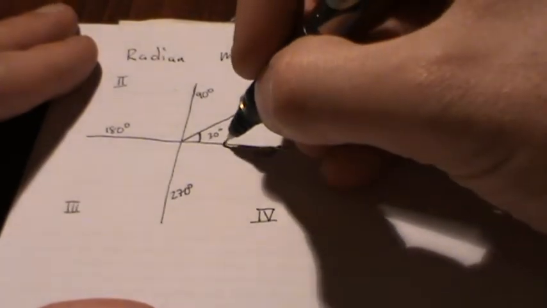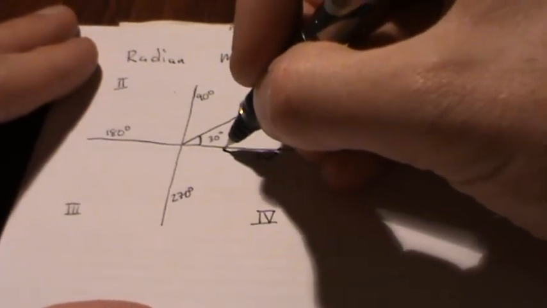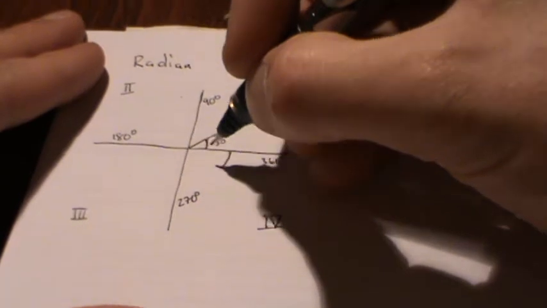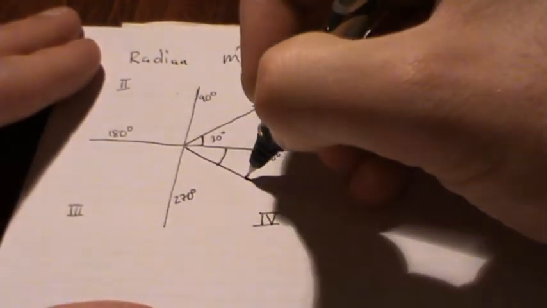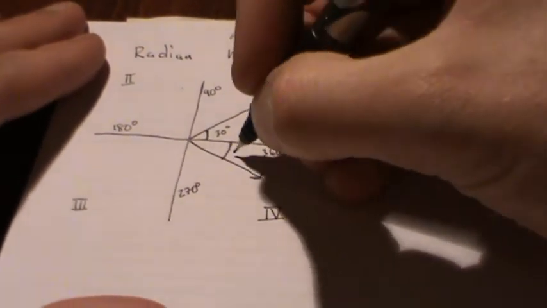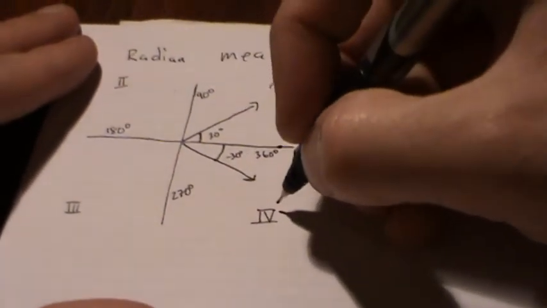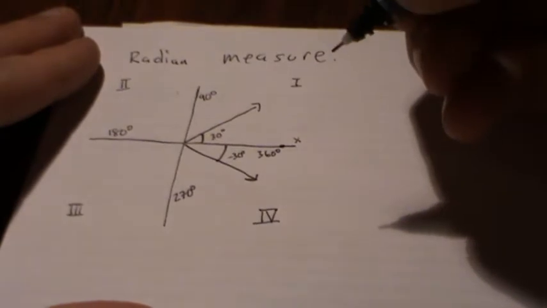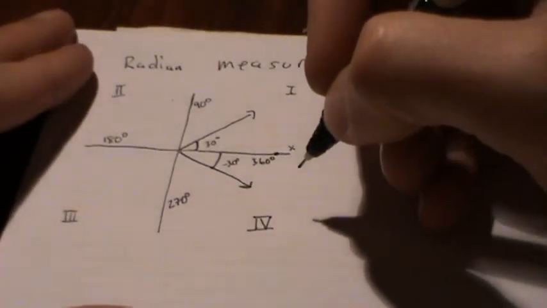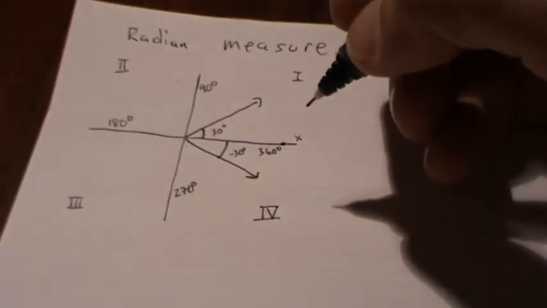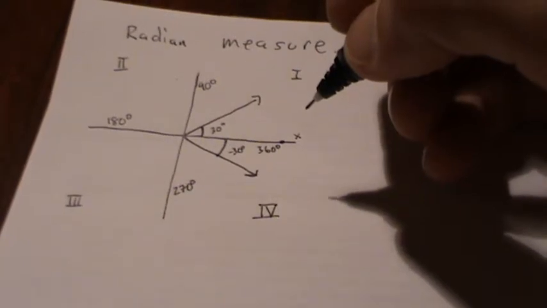Now if I began to rotate in this direction here, this would be known as a negative 30-degree angle, and it would terminate in quadrant 4. That's kind of the idea with angles.